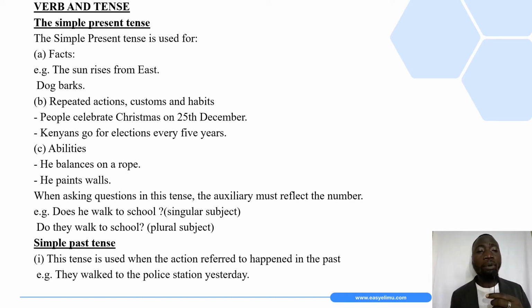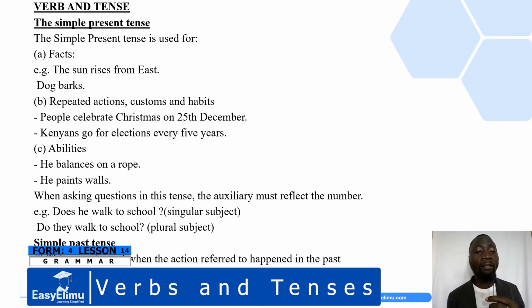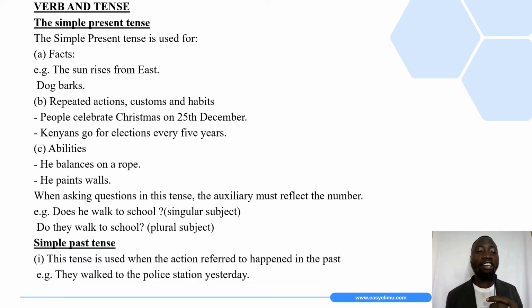The simple present tense is used for the following. Number one, it is used to give a fact. Examples of known facts are that the sun rises from the east, a dog barks. Those are facts that are known, and you cannot distort such information.